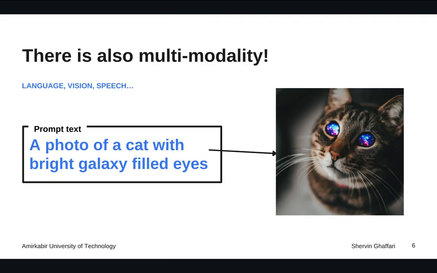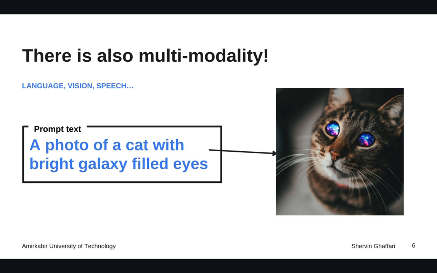But there is also multimodality. Some models have been pre-trained on a combination of vision, speech, and language, and understand different types of queries. For example, there might be a given text, or a signal, or vision, or even a combination of them, as you can see in vision language models that understand both text and vision in a relative manner, finding the mapping between each token of a sequence and different objects of an image.